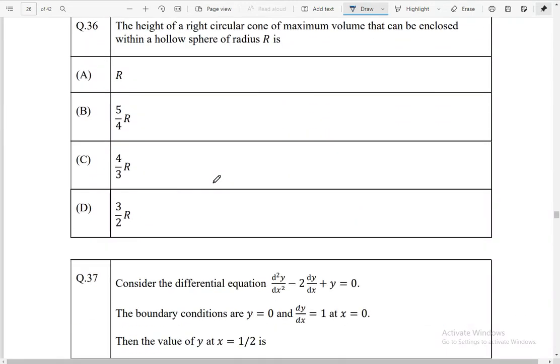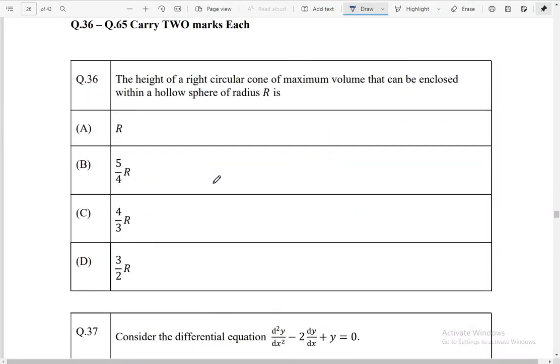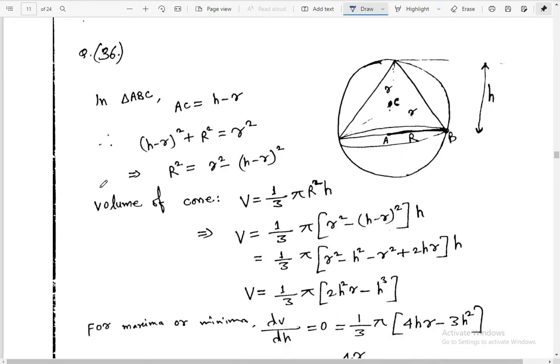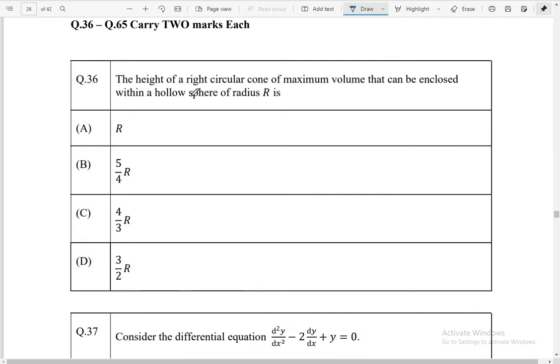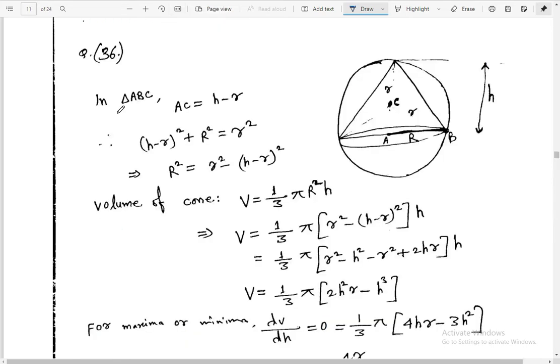Question number 36. The height of a right circular cone of maximum volume that can be enclosed within a hollow sphere of radius r is. This is the hollow sphere, and it encloses the right circular cone.